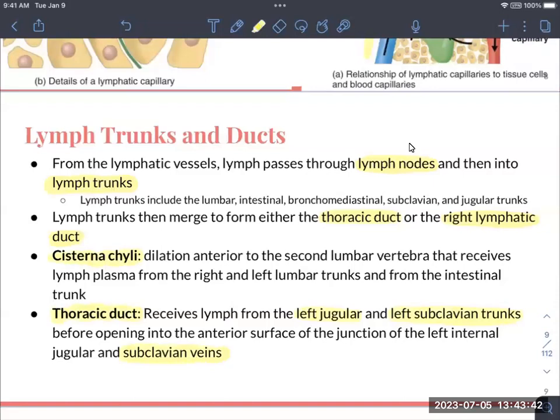The thoracic duct empties into these subclavian veins. I'll say that again, because we're going to see that somewhere. The thoracic duct eventually will empty into that subclavian vein before it goes to the heart.